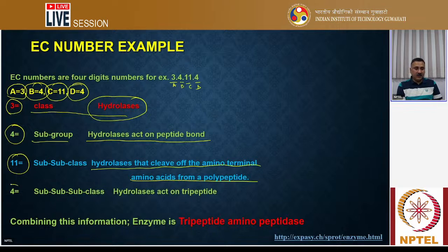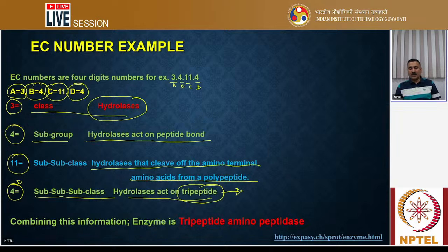And then within this you have the number 4, that is the D, and this is called the subclass. These are the hydrolases which act on the tripeptide, the peptide which contains 3 amino acids. Now combining this information, the enzyme is tripeptide aminopeptidase.